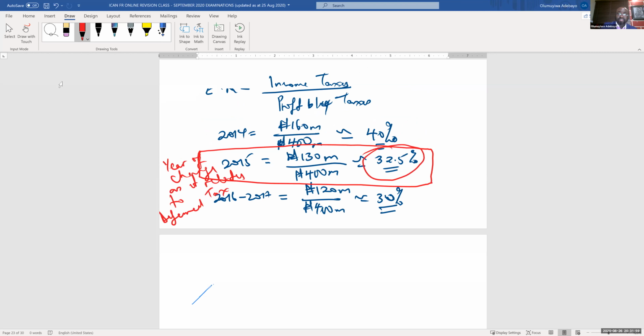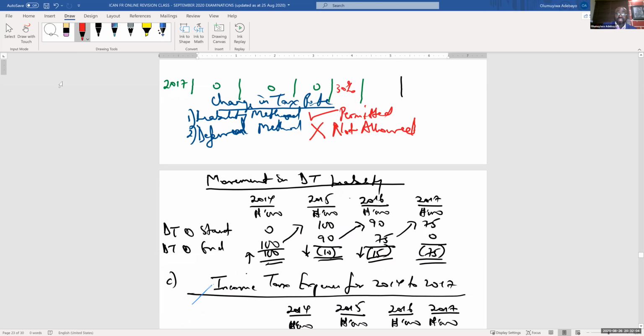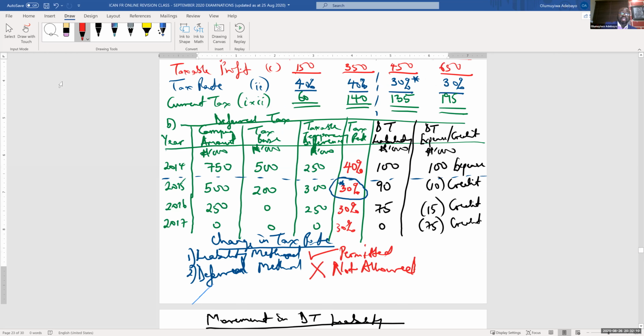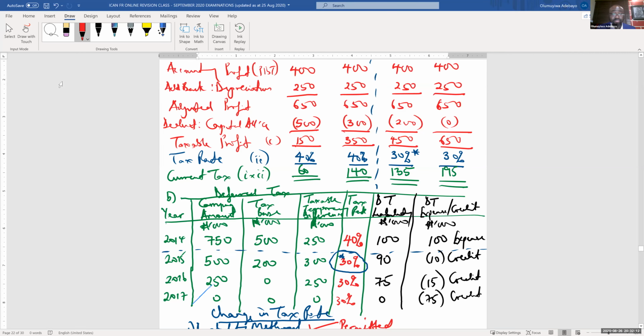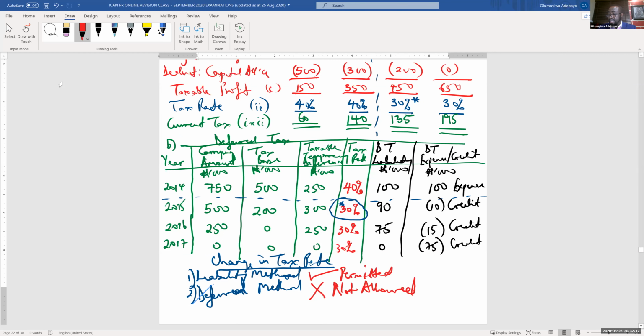Now you've seen how changes in tax rates could affect your deferred tax computation and your current tax computation. And at your own leisure, you can compare the two solutions and also further read the material or your ICAN material for further understanding of the difference in solutions when there was no change in tax rate and when there is a change in tax rate.